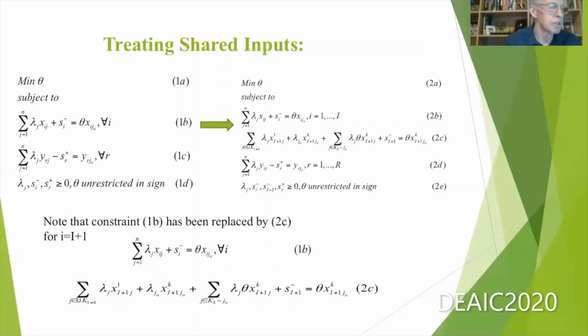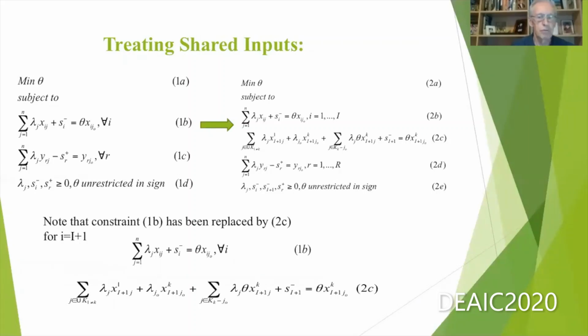So notice here, we replace lambda_j by lambda_j theta for all departments j in a given faculty, thereby creating a nonlinearity. We happen to solve this Model 2 by treating theta as a parameter.